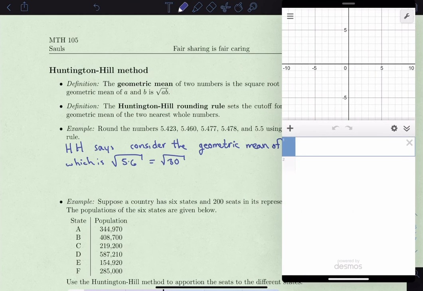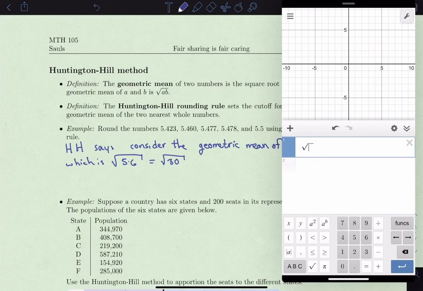Bringing in our calculator, the square root of 30 is 5.4772, and then more decimals after that.